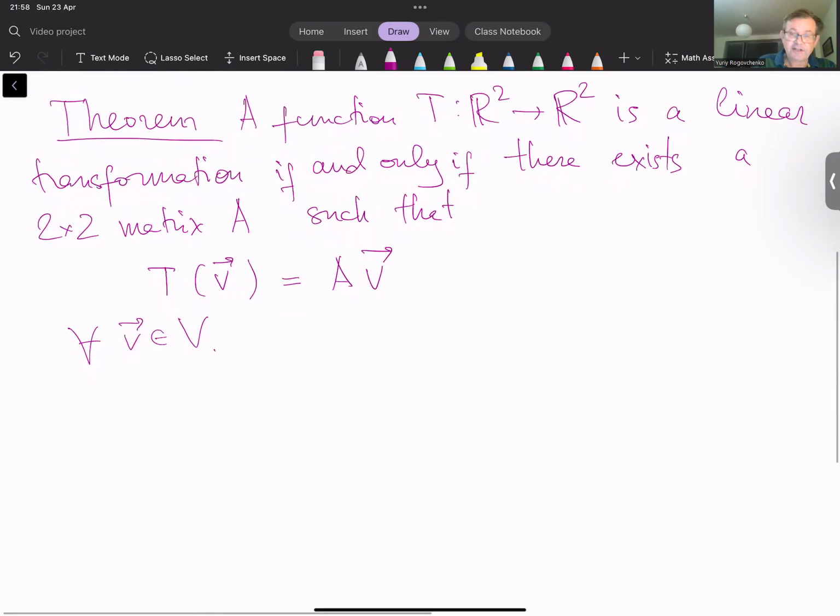In relation to this theorem, we have an important definition, which is talking about the matrix A we have in the theorem.